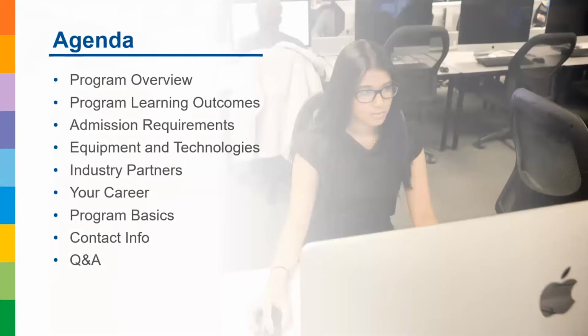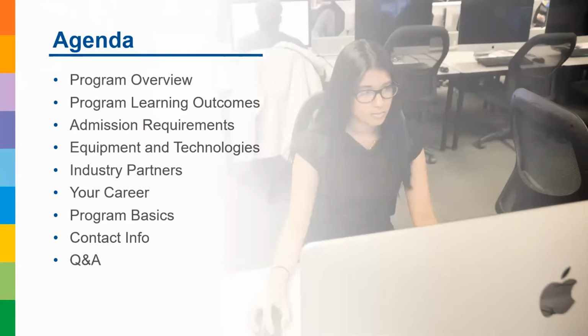I'm going to introduce the two programs, the big overview. After that, I'm going to explain the two programs' learning outcomes. And then I will introduce admission requirements. For the two programs, we have the same admission requirements.